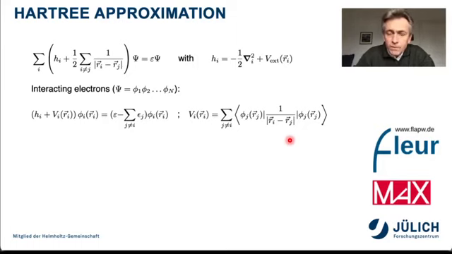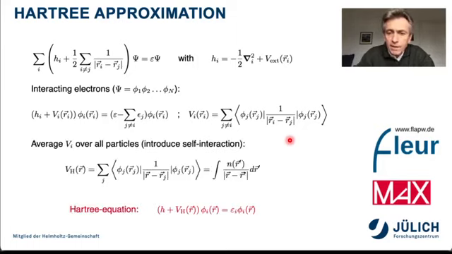And therefore, what Hartree suggested is to average now over all particles. You approximate this potential in this way, so you make it particle independent, and with this so-called Hartree potential, you then come to the Hartree equation, which looks like a Kohn-Sham equation without the exchange correlation potential here.